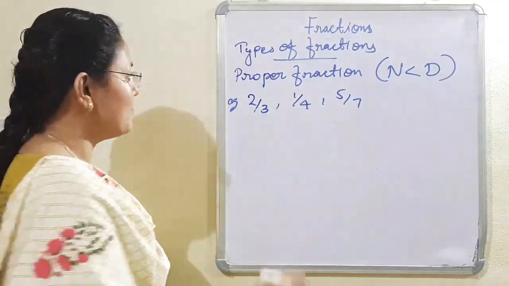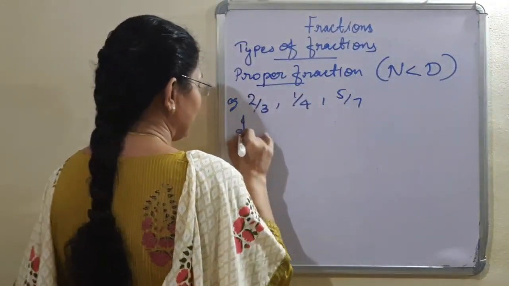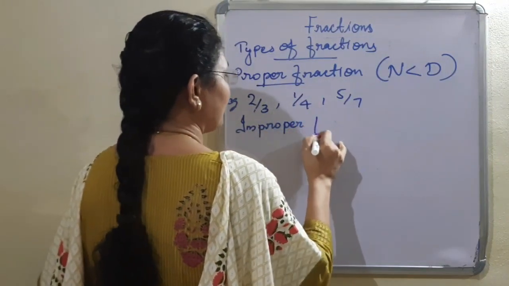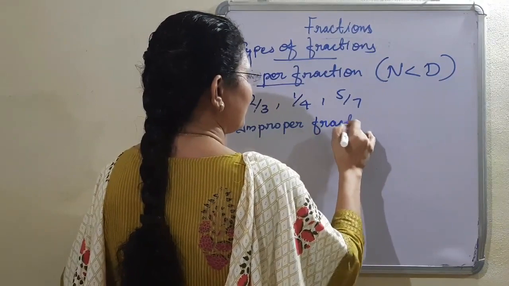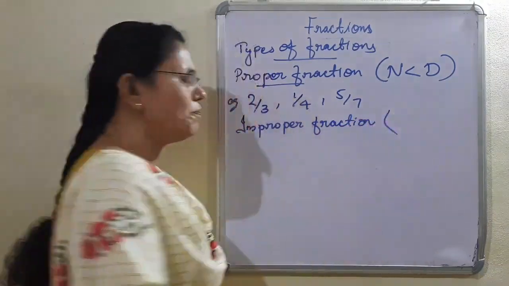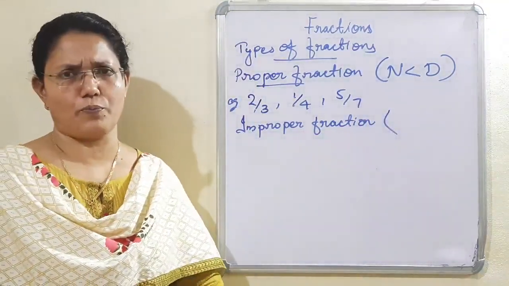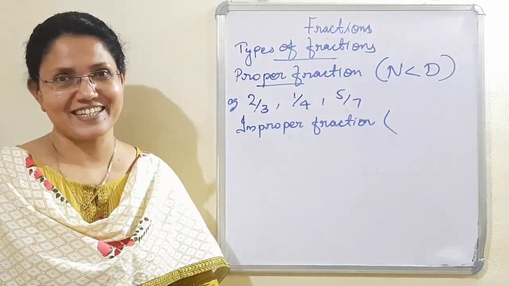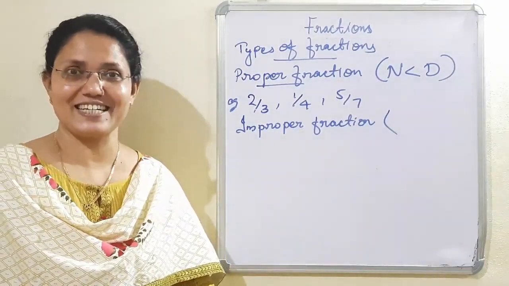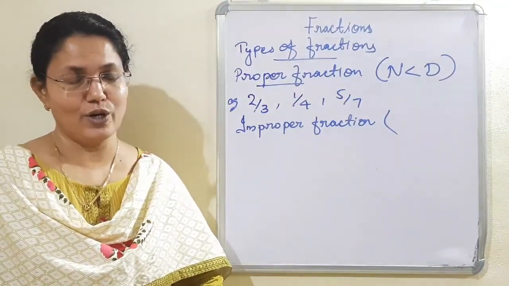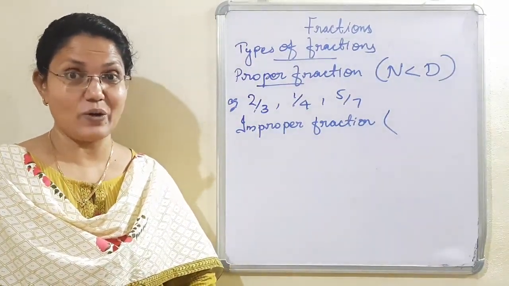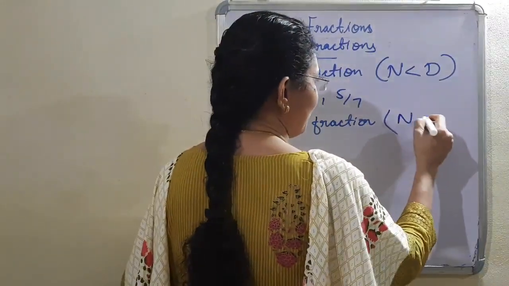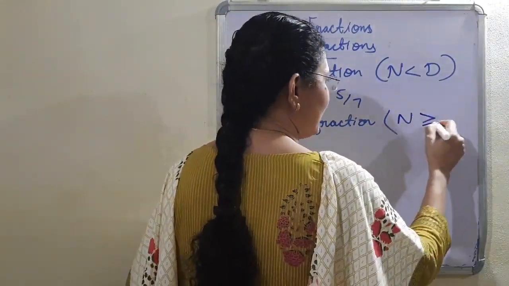Next one is improper fraction. Improper fraction is just opposite of proper fraction. Then can you tell me what is improper fraction? Yes, numerator greater. Sometimes it is equal also. Numerator greater than or equal to denominator. We can write like this: numerator greater or equal.